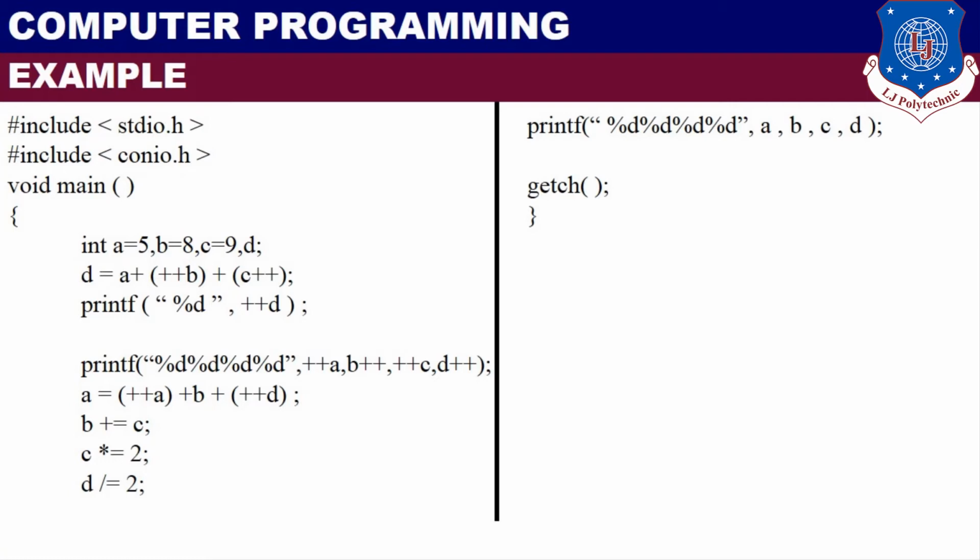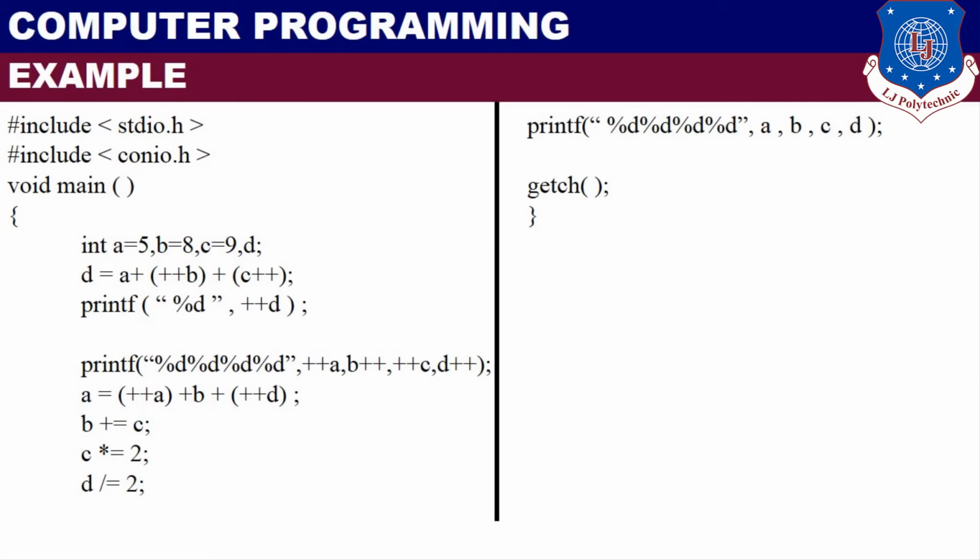Now I am printing that d variable with prefix: printf("%d", ++d). The value of d is 23, but here I increment, meaning prefix increment by 1, so 23 will become 24. Next printf statement, %d, %d, %d, %d.